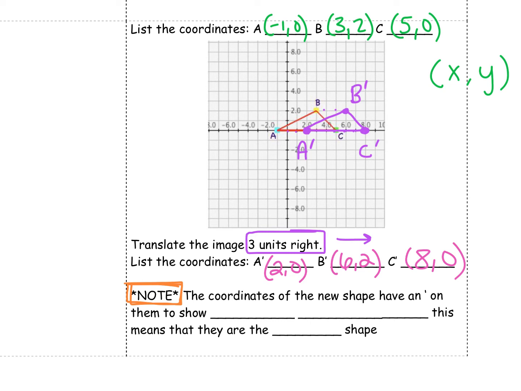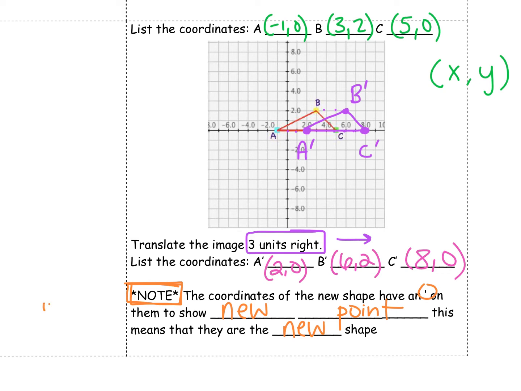The coordinates of our new shape have that prime symbol on them to show the new coordinate or the new point. This means that they are the new shape.